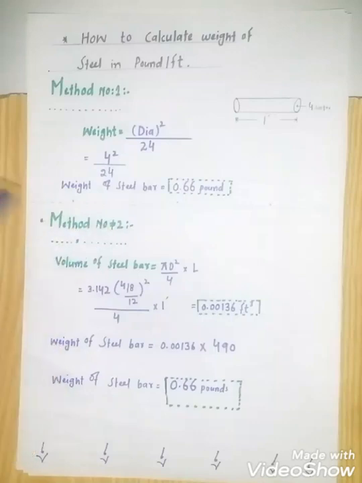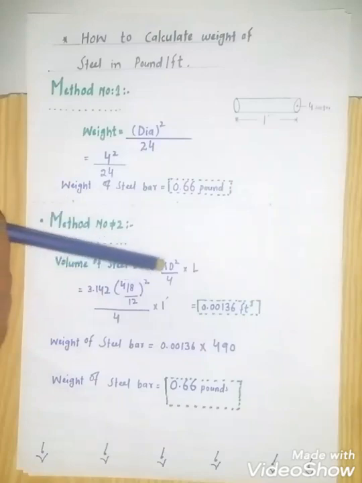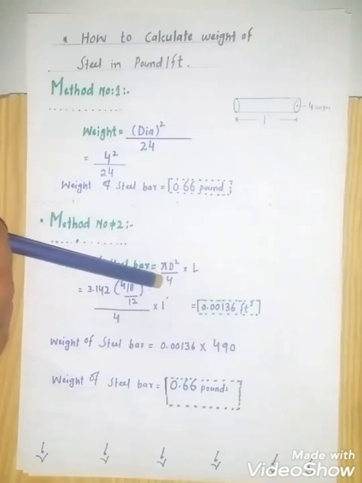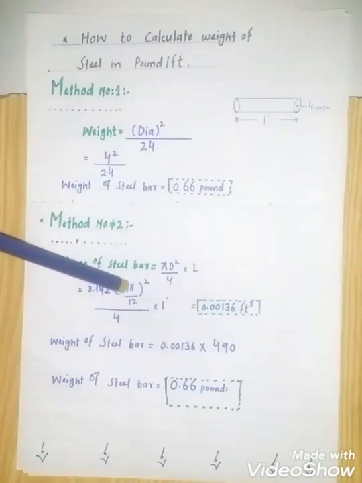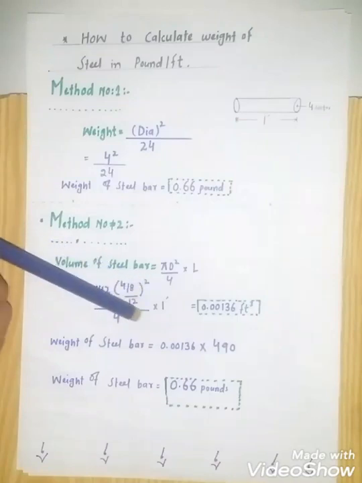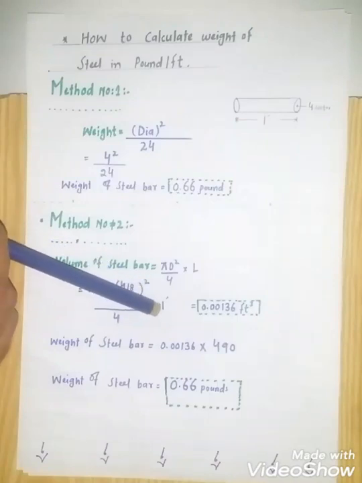Now explain the second method. In this method, first of all, you need to find the volume of steel bar, which is equal to pi d square divided by 4 multiplied by length. 3.142 multiplied by (4 divided by 8 divided by 12) whole square divided by 4 multiplied by 1.